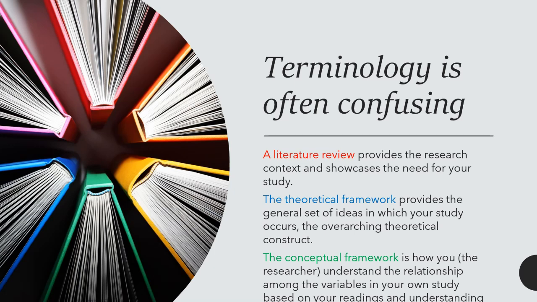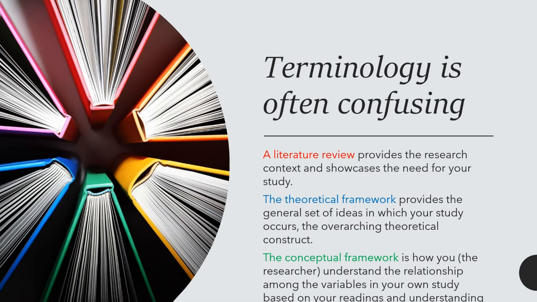A literature review provides the research context and showcases the need for your study. A theoretical framework provides a general set of ideas in which your study occurs, or the overarching theoretical constructs. We'll talk about more examples in a minute.